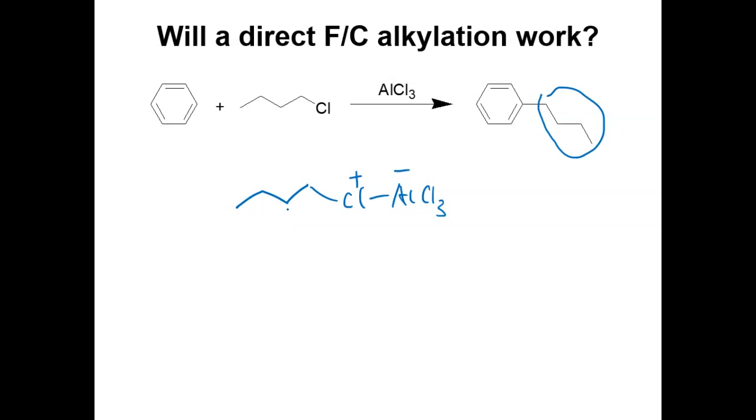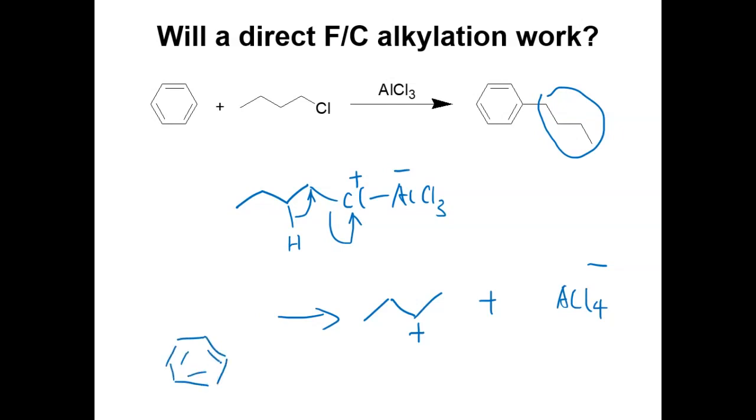But when it ionizes and forms the carbocation, this thing will happen, and you're going to have a secondary carbocation. The secondary carbocation reacting with benzene will give you this, so that will be the product.